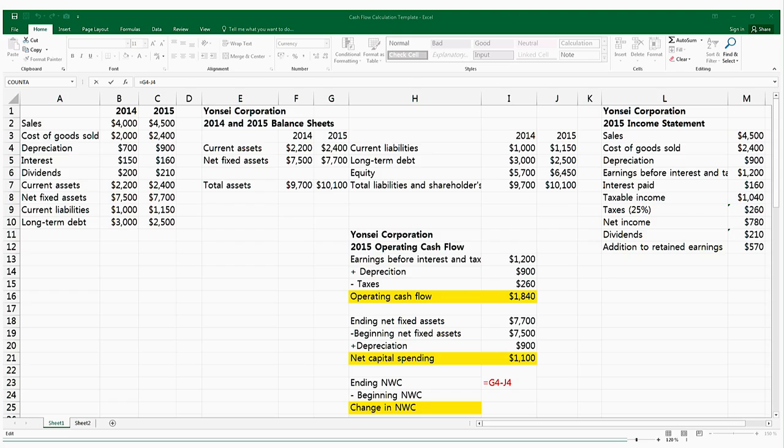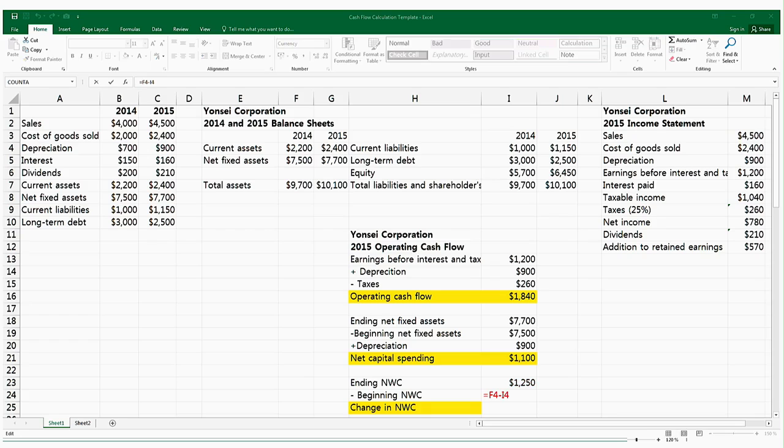Next, let's calculate change in net working capital. First, ending net working capital is current assets in 2015 minus current liabilities in 2015. So it is $1,250.